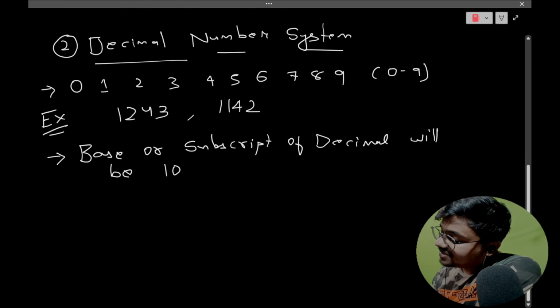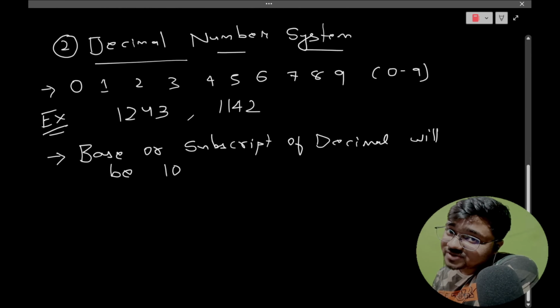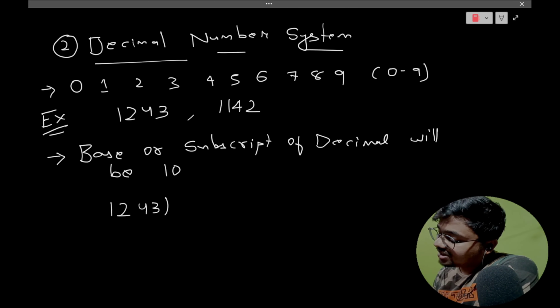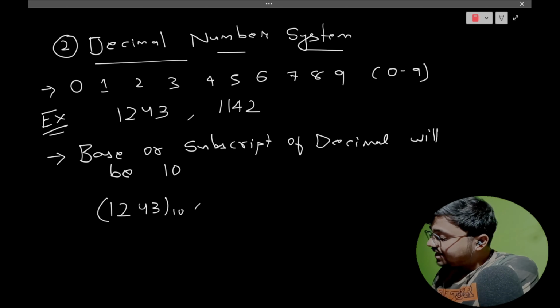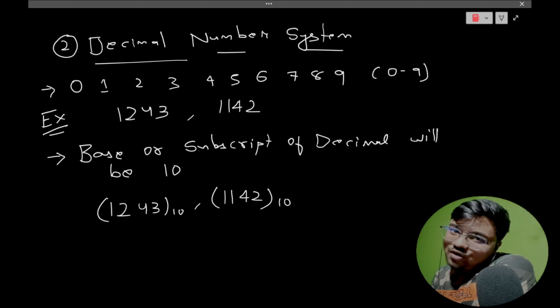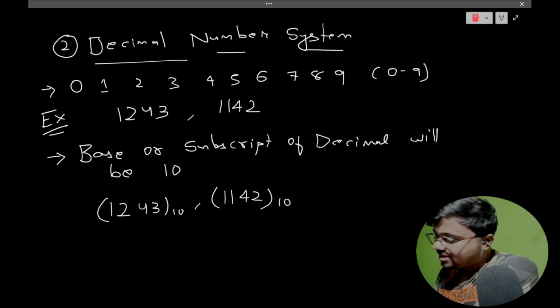As per the examples I mentioned, the correct form of decimal is 1243 with base 10. Likewise, another example is 1142 with base 10. Accordingly we will follow this for other combination numbers. Did you get what I'm saying?